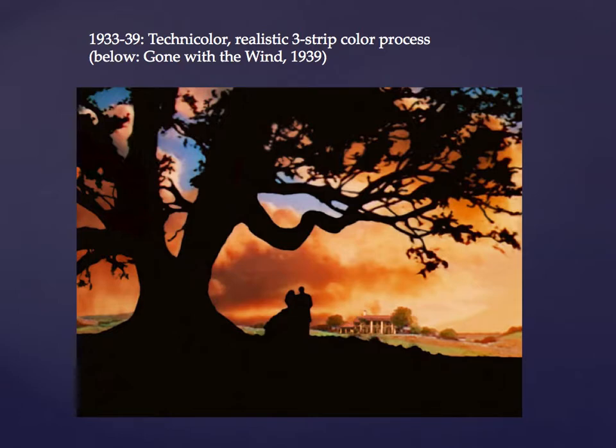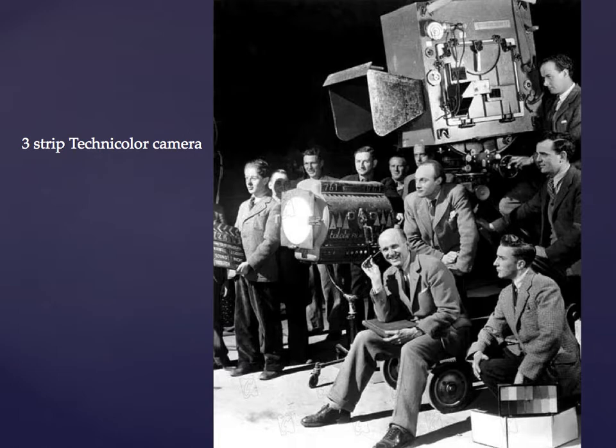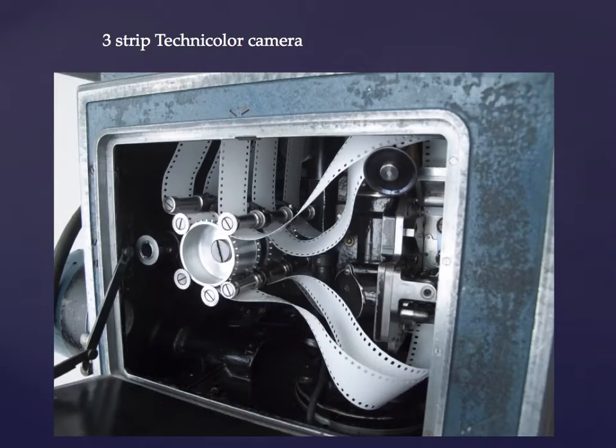Anyway, they're a lot of trouble. These cameras were gigantic. Look at that camera. It's huge. You've got to put it on wheels, all that kind of stuff. It really is a big deal, people pushing it around and all that. And inside the camera, look at that. 3 strips of film. There's a prism in there, and red, green, and blue, and all that kind of stuff. So it was a big deal.